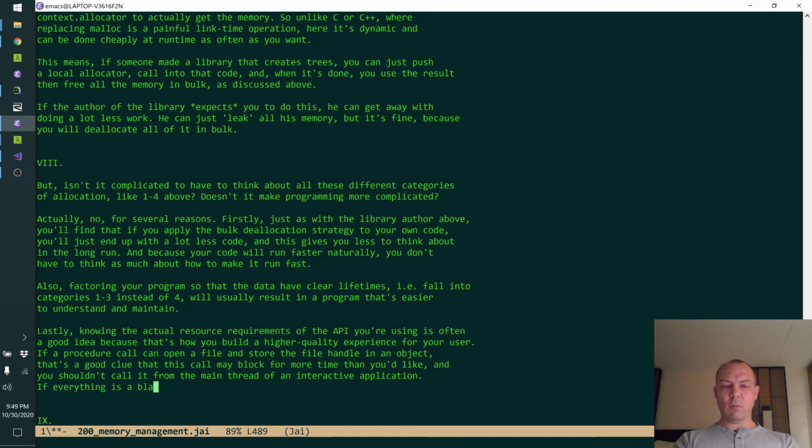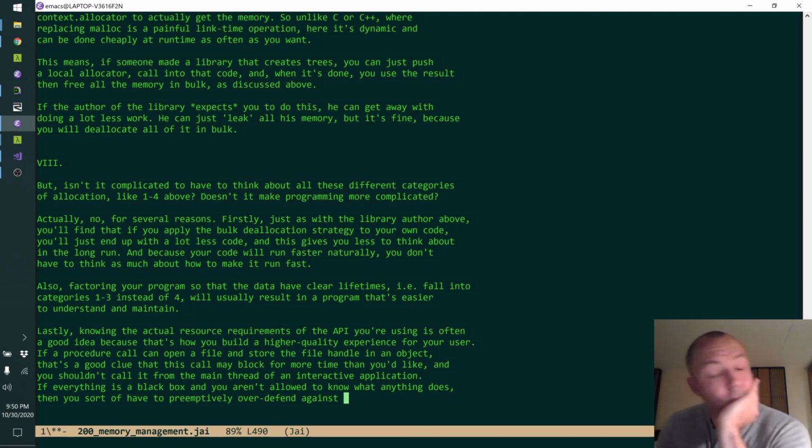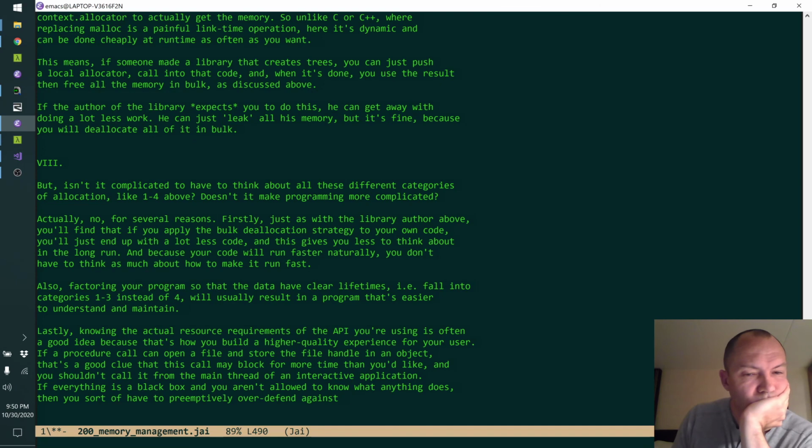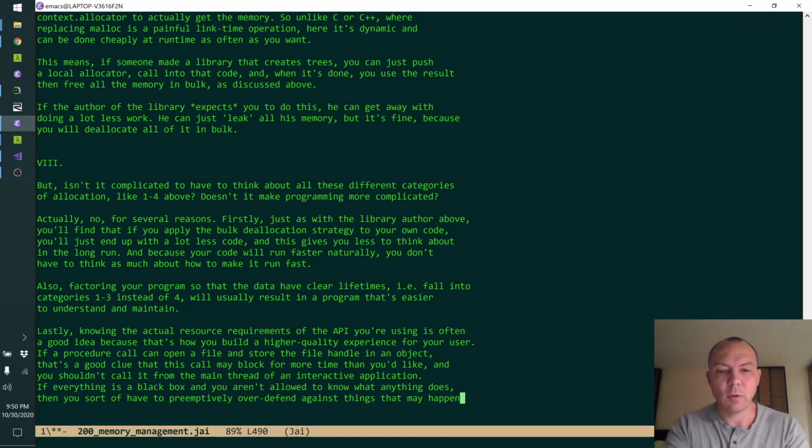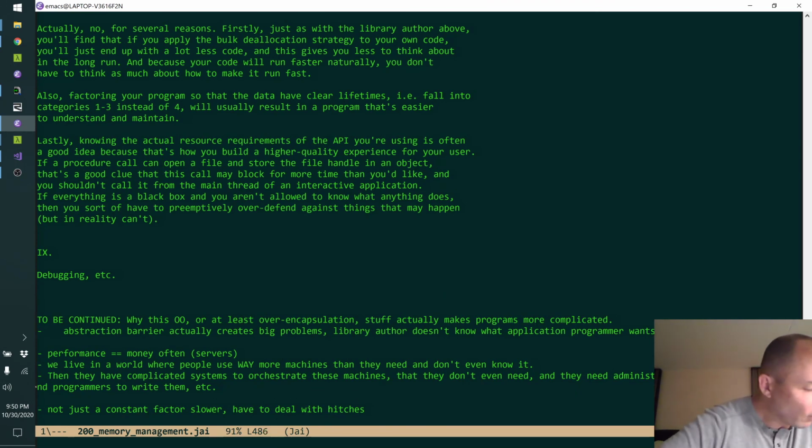If everything is a black box and you don't know what anything is allowed to do, and you aren't allowed to know what anything does, then you sort of have to preemptively over-defend against things that may happen, but in reality can't. I don't know. I don't feel that last part is a very good explanation.